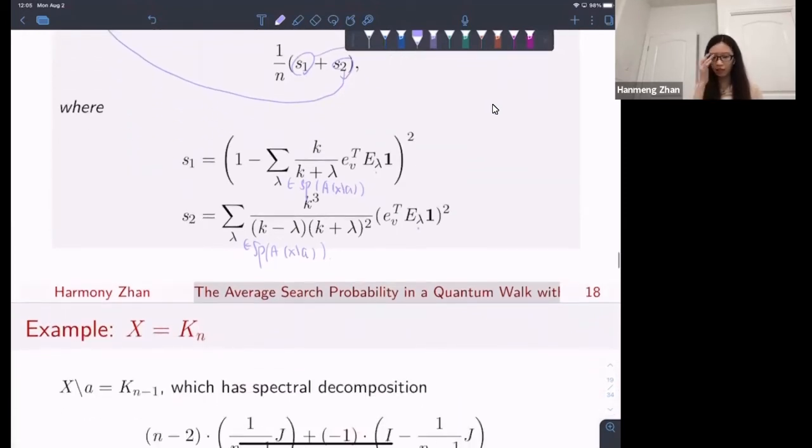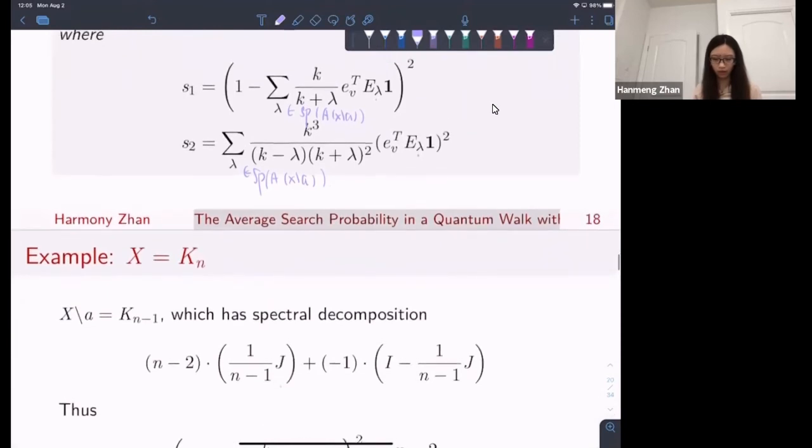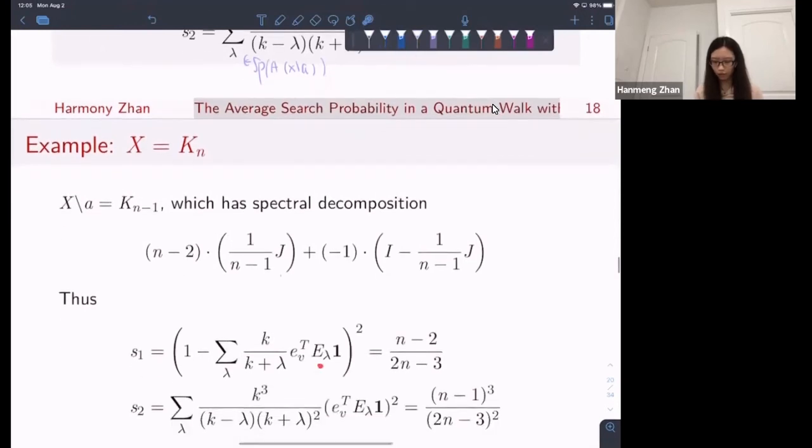Okay, so let's play with these two formulas a little bit using the spectral decomposition of Kn. So for a complete graph, when you drop a vertex, you get another complete graph with a size one smaller than the previous one. So we know the eigenvalues are just the valency and -1, and this will be the corresponding eigenprojections. So everything in these two formulas is known.